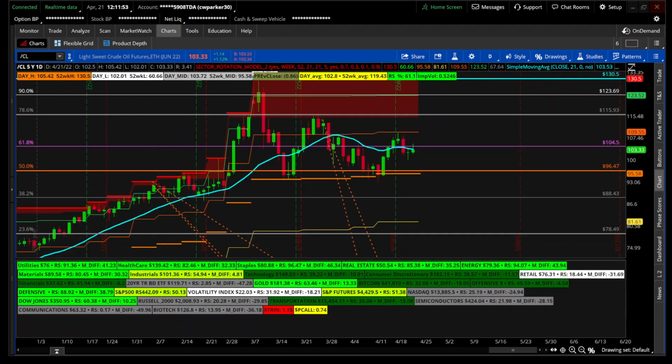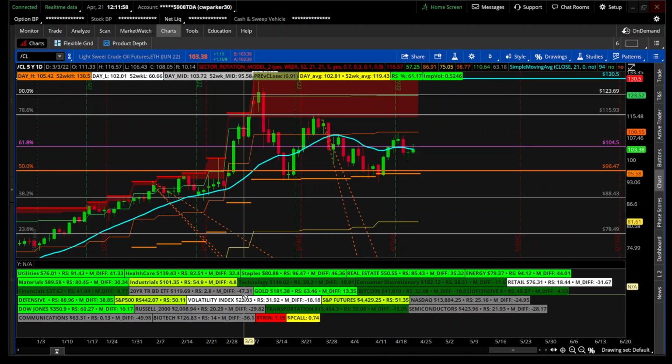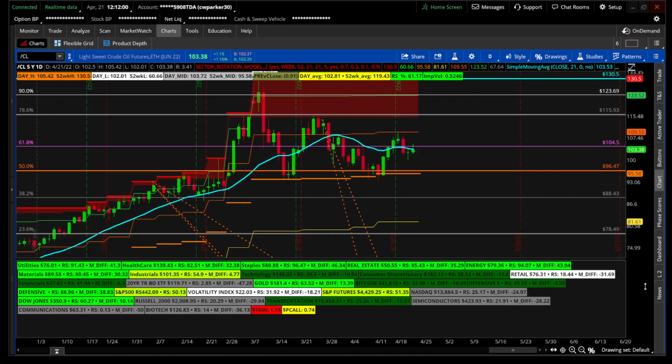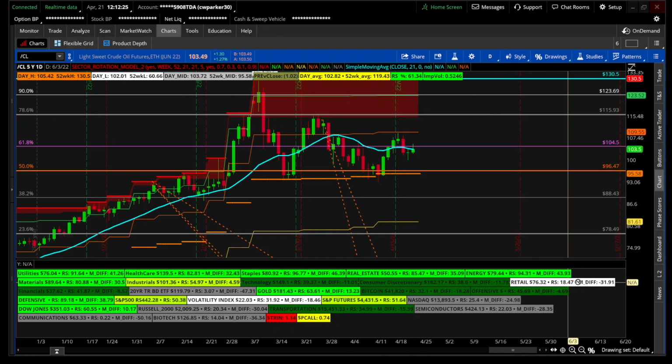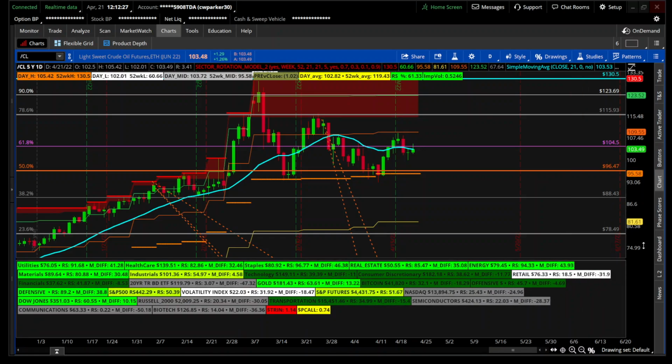From there, if it's below 50 and the short average is not above the mid average, you get dark green, and if it's below 30, you'll get the gray color. But if it is below 50 and the short average is above the mid average, you'll get a white label showing that it's possibly trying to come up, an early indication that there could be a turnaround.